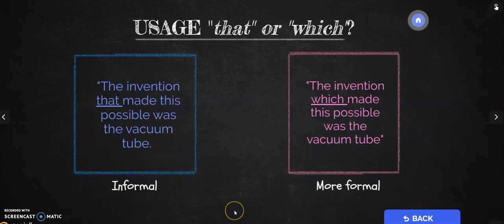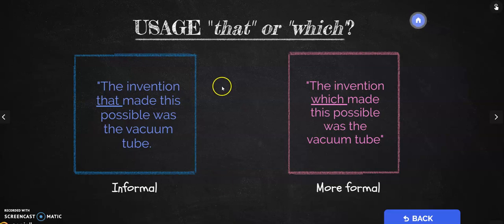I want to say something in relation to the usage of certain pronouns. We know that the pronoun who is for people and which for objects. And we also know that the relative pronoun that can play the part of both which and who. If we use that in a sentence, it makes it sound more informal.